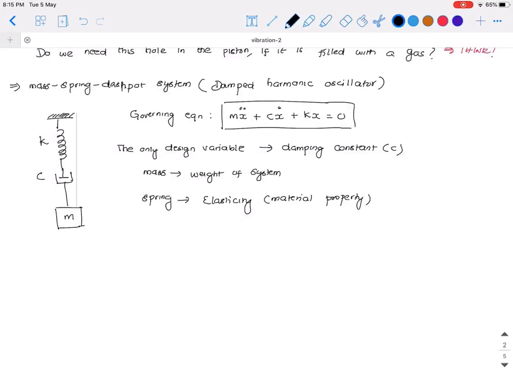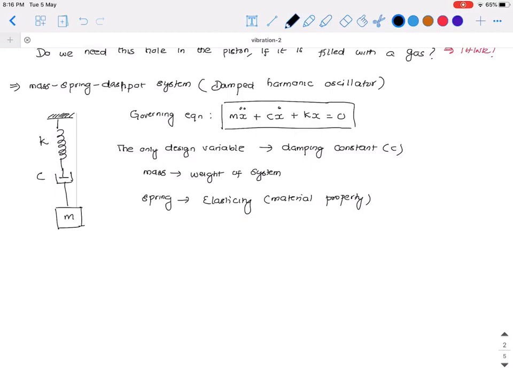So let us say you want to design a damper, or you want to minimize the vibration characteristics of an automobile. The mass of the automobile is not in your control because that is fixed by several other design parameters, and the material that you manufacture your car from is also not in your hand. While controlling vibration, the only parameter available for you to adjust is the damping constant.